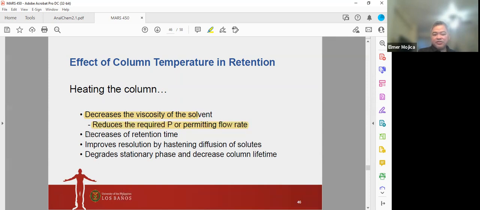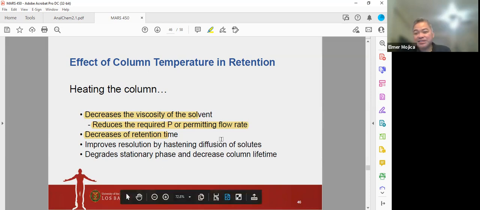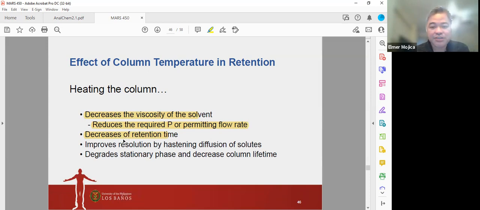Heating the column also decreases the retention time. And this is good because that means you can run the analysis faster. Now, the main reason why you want to heat the column is it improves the resolution, because a high temperature would hasten the diffusion of your solutes.